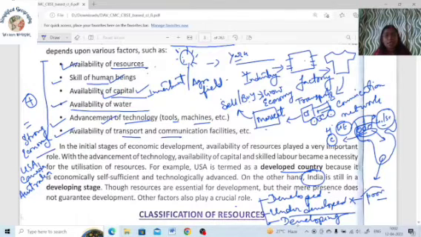India, Bangladesh, Myanmar, all the East Asian countries are developing. Most of the westernized countries are developed like USA, Canada, Japan, New Zealand, Australia, Sweden, Scotland, all of these countries are developed. Are we clear up to this?